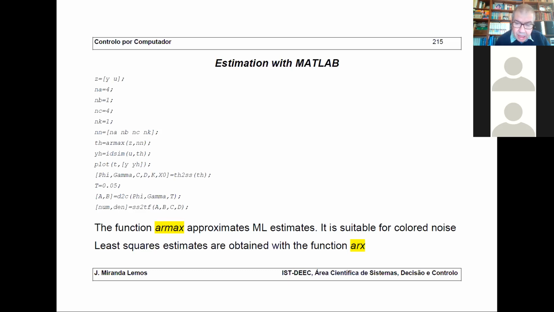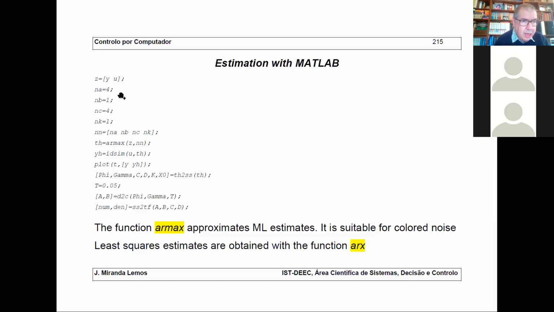But later we are going to see that in some cases, even if you don't have noise, it's useful to consider an NC which is not just 1, so correlated noise, in situations where the order of your model is smaller than the true model of the plant. Okay, but we will discuss that in a moment.